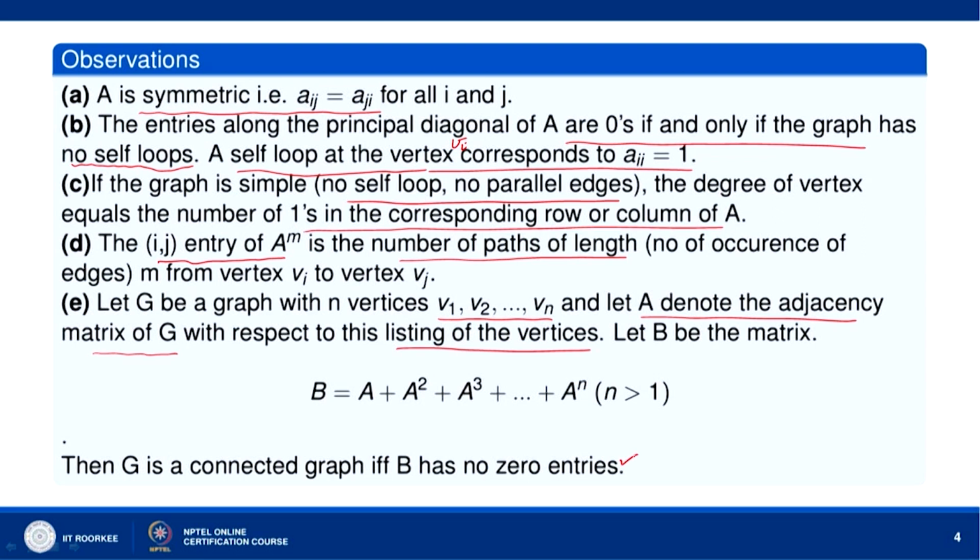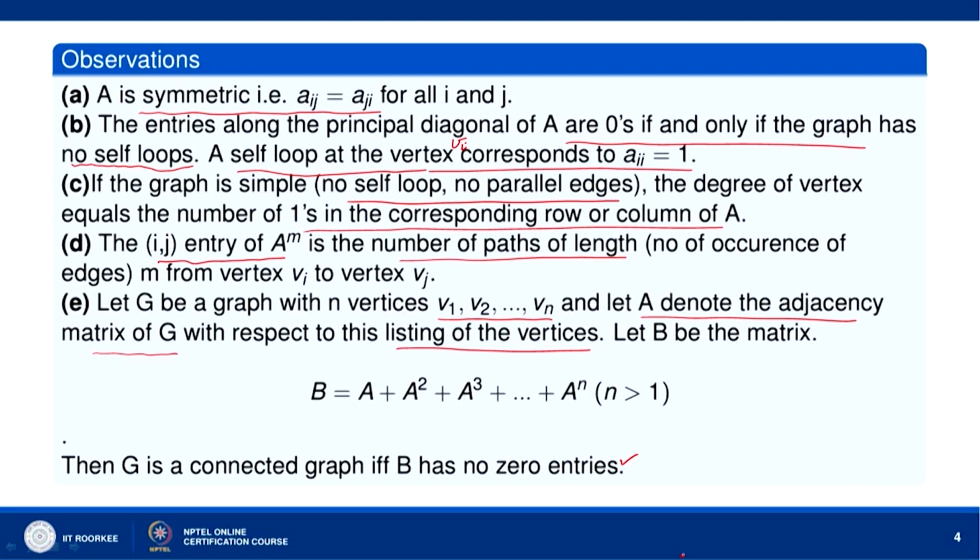Now, this can be used to check whether a given graph is connected or not. So, the adjacency matrix can be used to check whether the given graph G is connected or not. That is one very important use of the adjacency matrices.